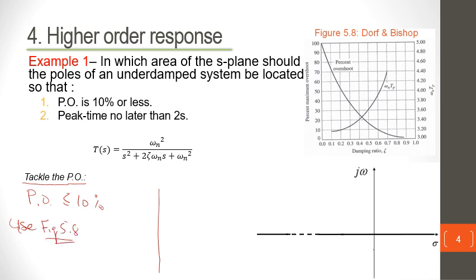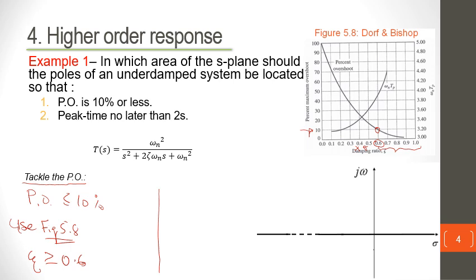So if you use figure 5.8, we see that the 10% peak overshoot, which is here, corresponds to a damping factor of about 0.6. Anything that's lower than 0.6 we don't want. So we want the damping factor to be in this range so that the peak overshoot is kept low. We want the damping factor to be at least 0.6.